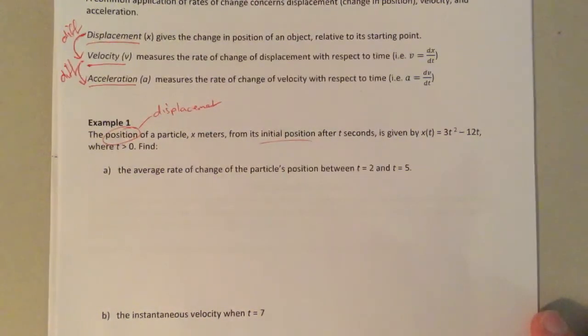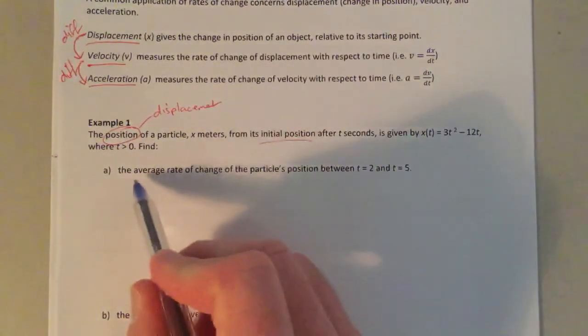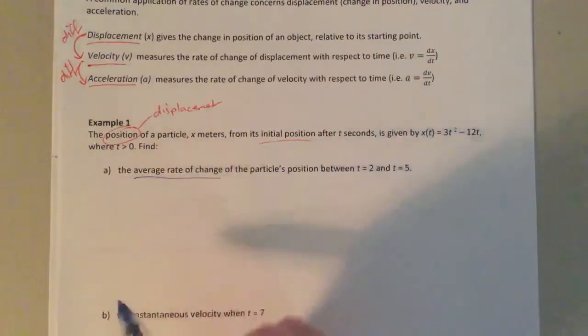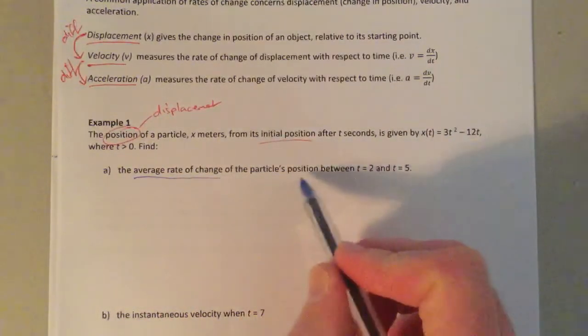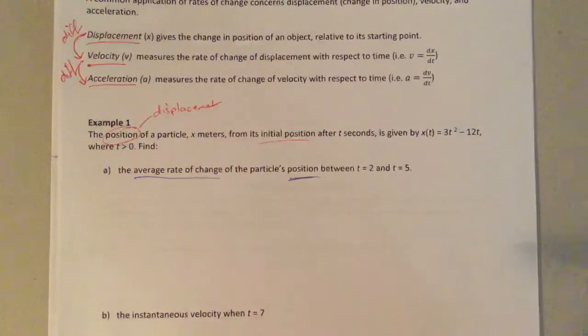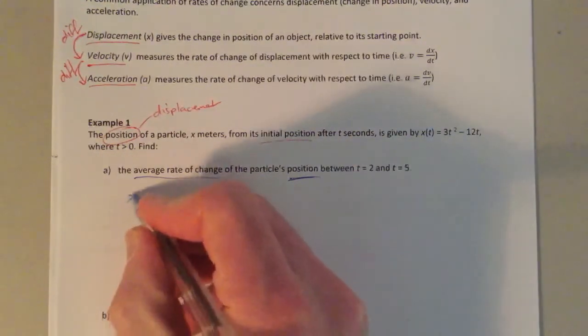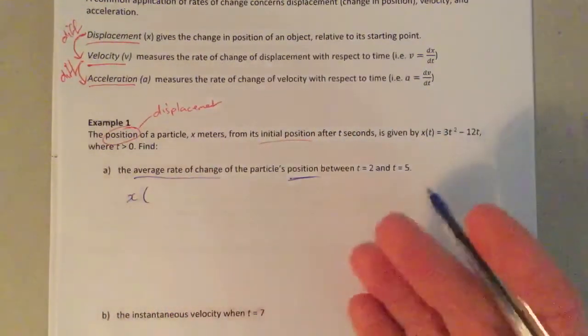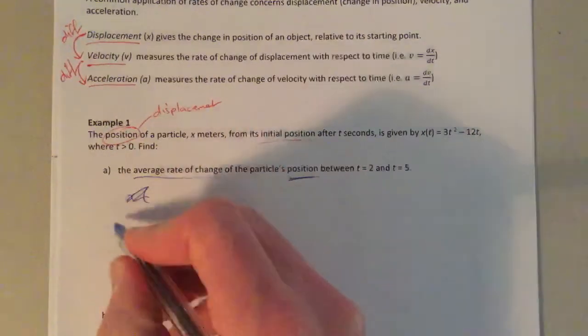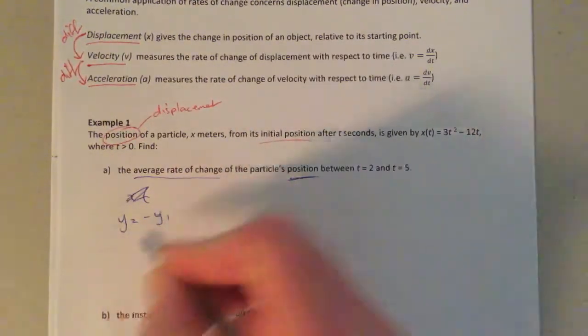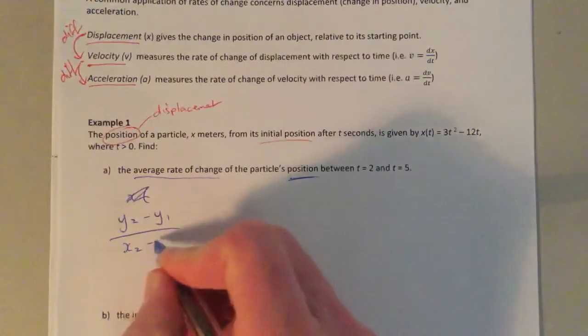Now remember, with average rate of change, that's actually a rise over run calculation, right? So for the average rate of change of position, we're going to work out y2 minus y1 over x2 minus x1.